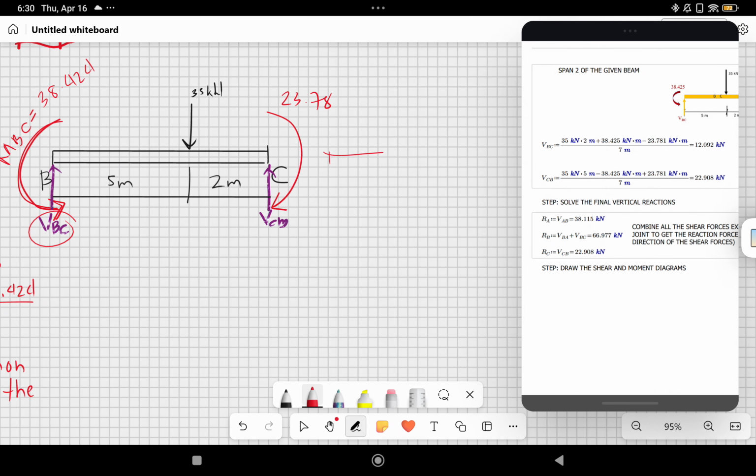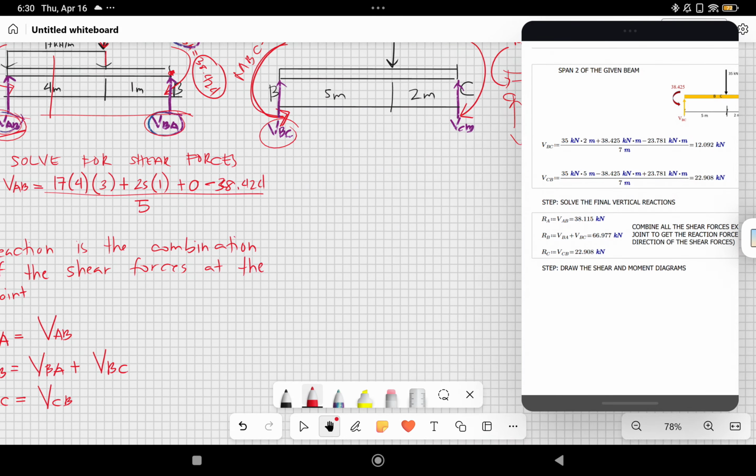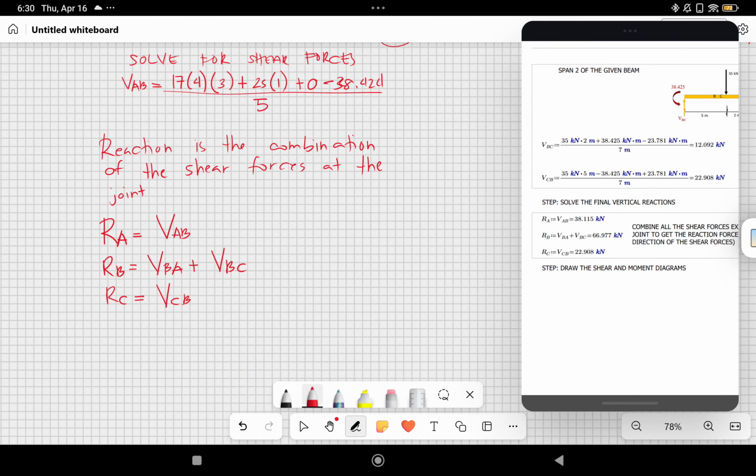What if meron pa dito? For example lang na meron pa tayong CD. So, meron tayong VCD dito, VDC dito, MCD dito, MDC dito. Pag ganun, yung RC mo nun is hindi lang VCB, kundi VCB plus VCD.